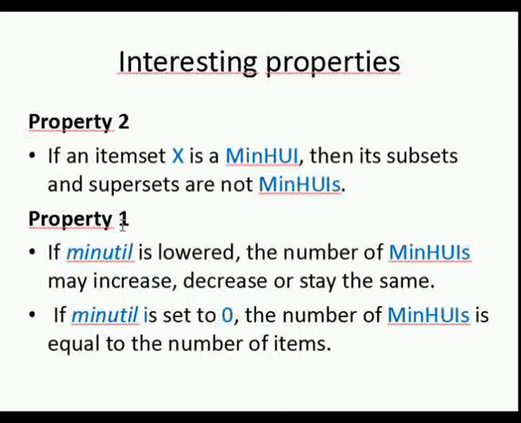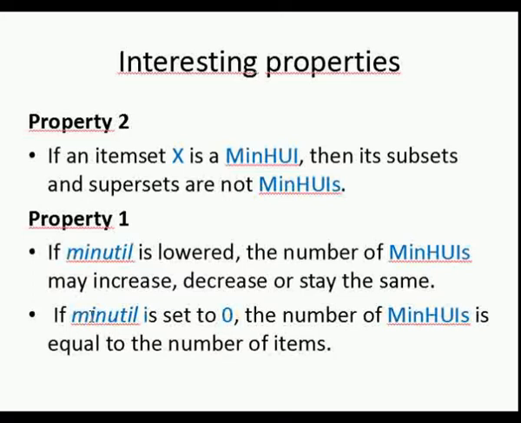But here, if we lower the minimum utility, we can find fewer patterns, because we keep only the minimal ones. In the special case where the minimum utility is set to 0, the number of minimal high utility item sets is equal to the number of items, because they are the smallest item sets in the database.